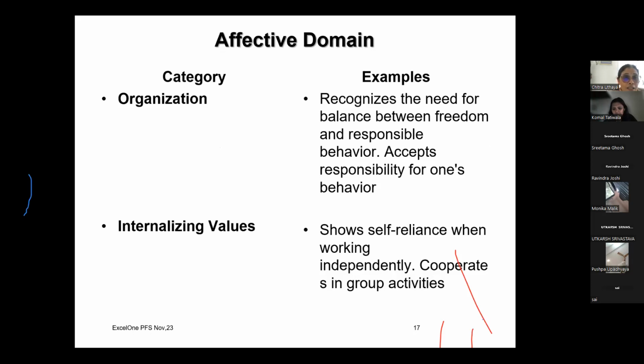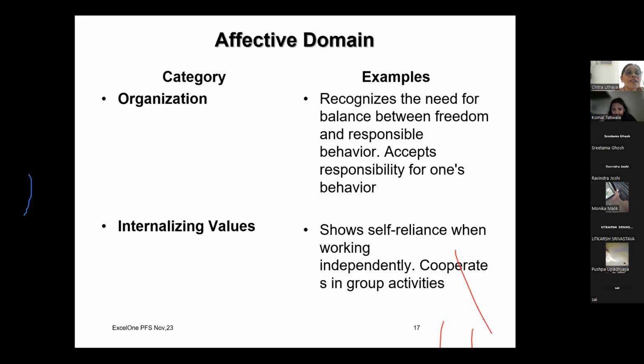After that, the next one is organization. And organization talks about how the child is able to balance freedom and responsible behavior, whether the child is able to accept responsibility for one's own behavior. All this is to do with organization.